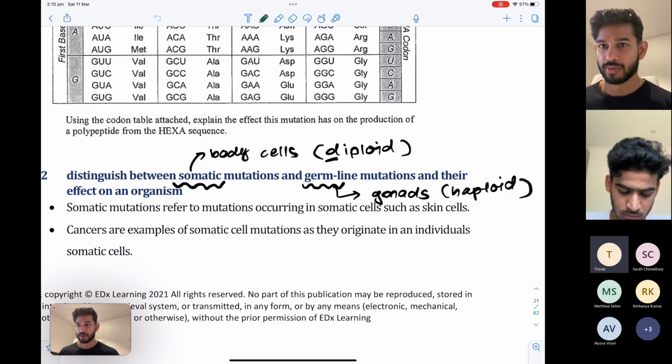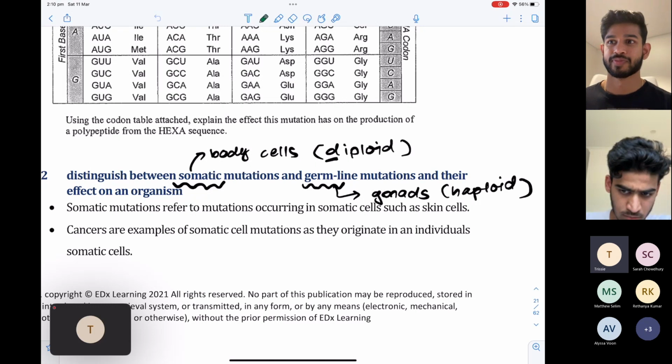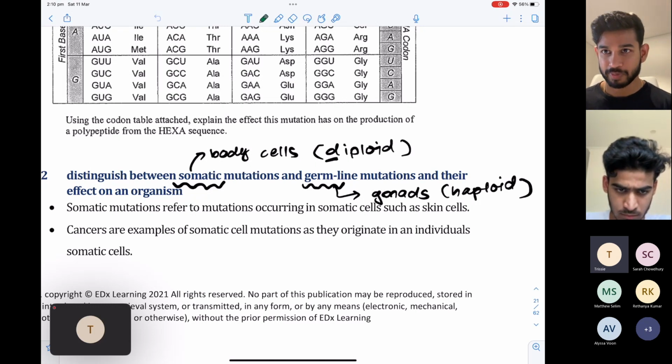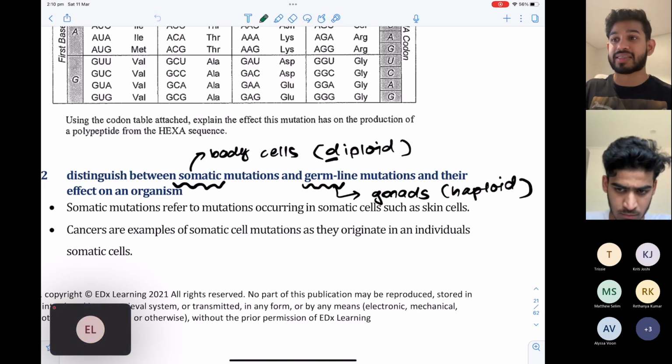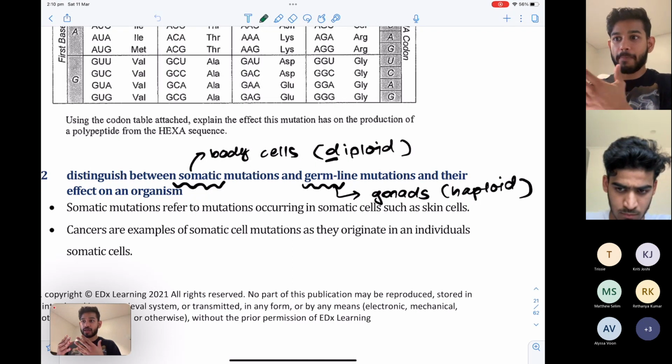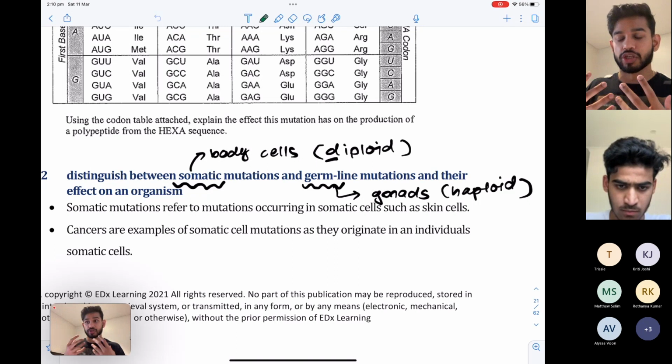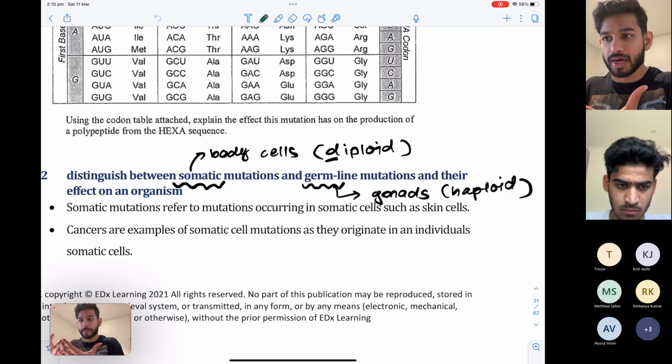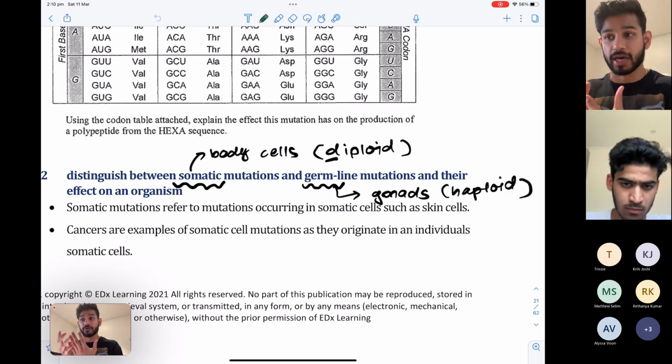Somatic mutation is not passed on because it's not in the gametes, but for germline mutation it is, because through gametes, when the fertilization takes place, it will give it to the offspring. Perfect, right? When you form an offspring, it's the gamete cells of the organism that are combining. So if you have a germline mutation, aka the mutation is present in your gametes, it is of course going to get passed on when those two gametes combine to form a zygote.